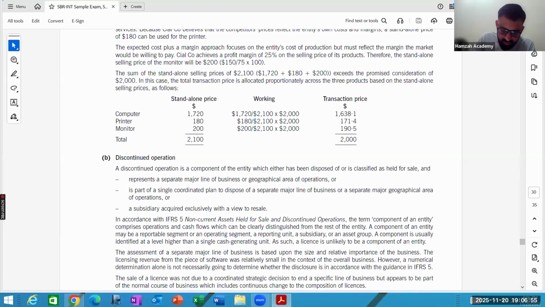So from here the question is started, the answer is started. In accordance with IFRS 15, revenue from a contract with a customer should be allocated in proportion to the price at which an entity would sell the good or service on a separate basis at contract inception.